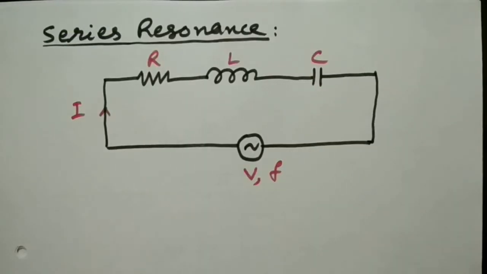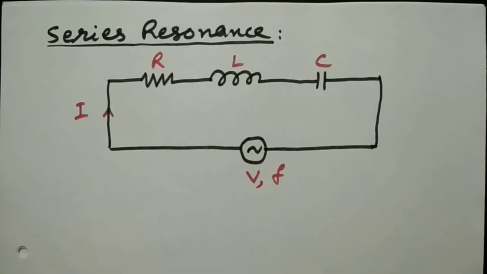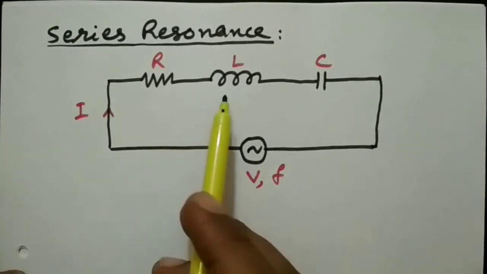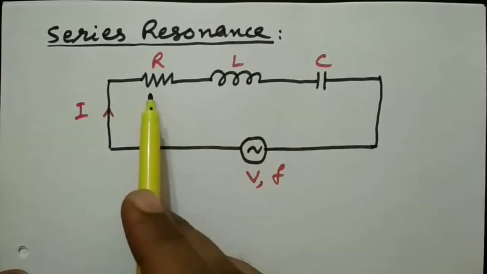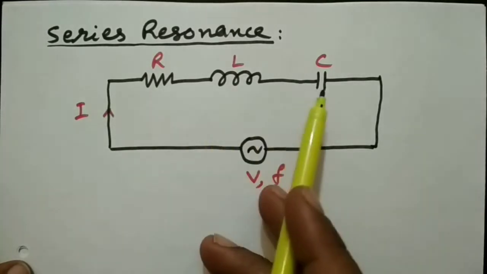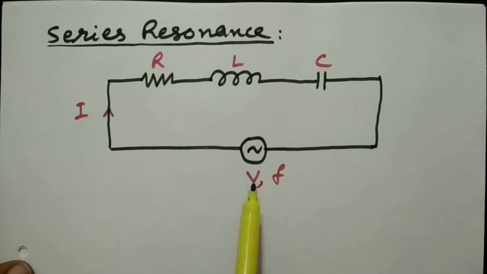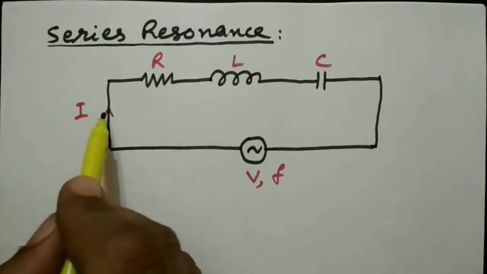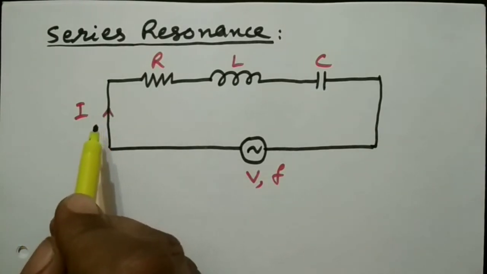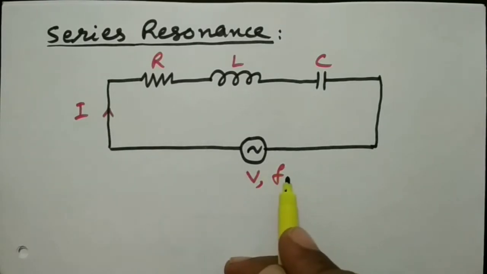The series resonance. Here we have considered a series RLC circuit where a resistor, an inductor and a capacitor are connected in series across the supply voltage V, and the current flowing in the circuit is I. Here the frequency is F and this frequency can be changed.